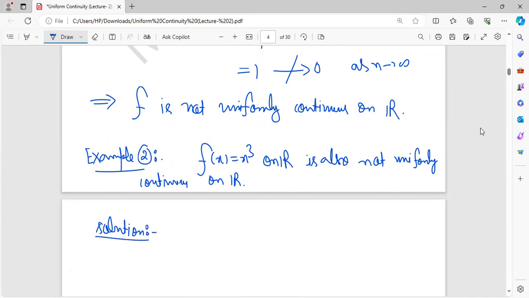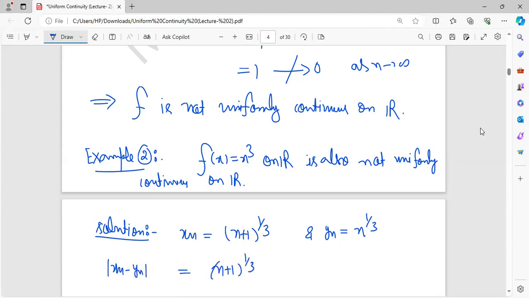What is the choice of xn? You take this choice, and for yn you take this choice. Okay, so what is the difference? xn minus yn is the cube root of n plus 1 minus the cube root of n.